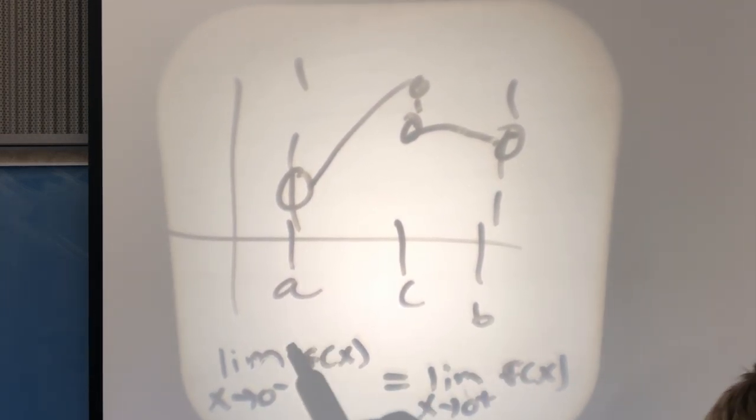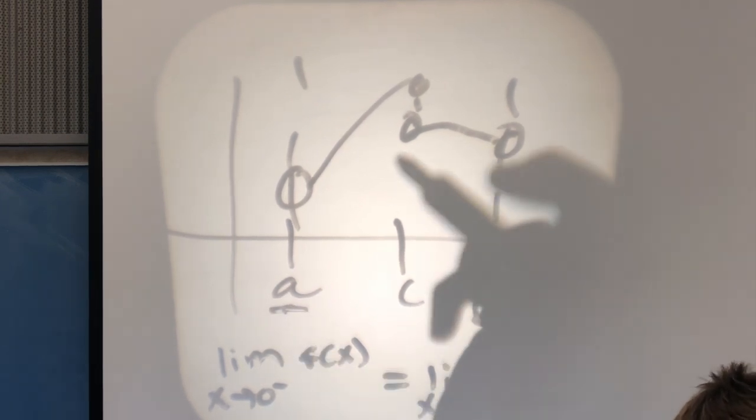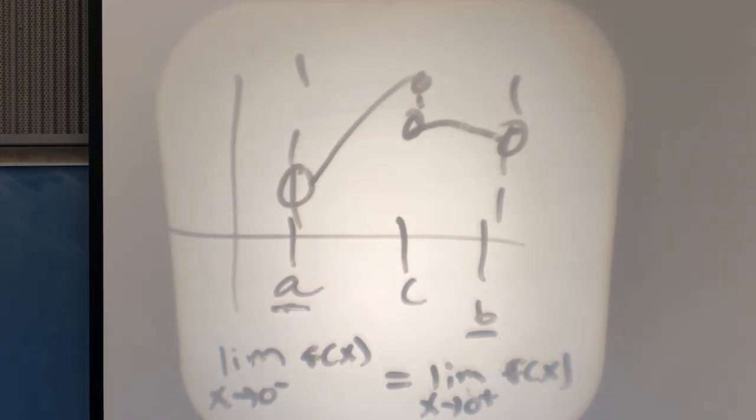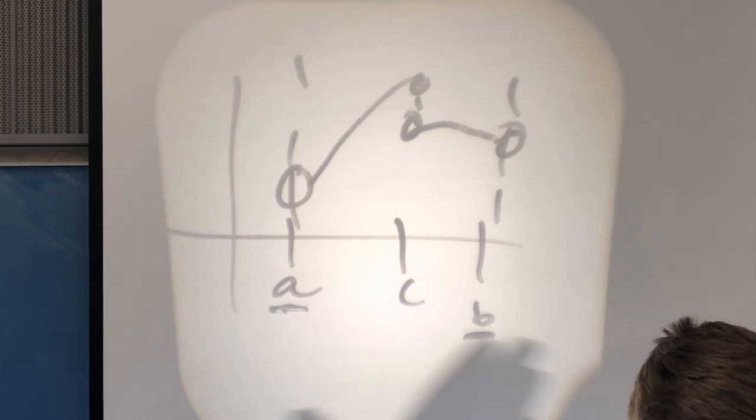Here, our limit from the left, which is our a, does not equal the limit from the right, which is our b, and so they don't equal each other. So this breaks our first criteria, and this is considered not continuous.